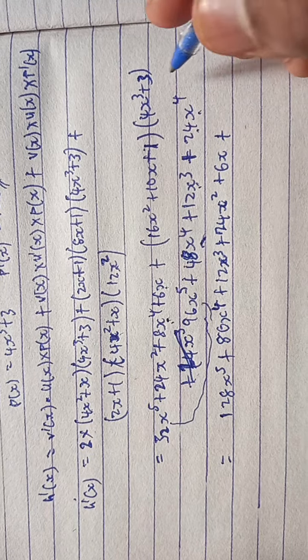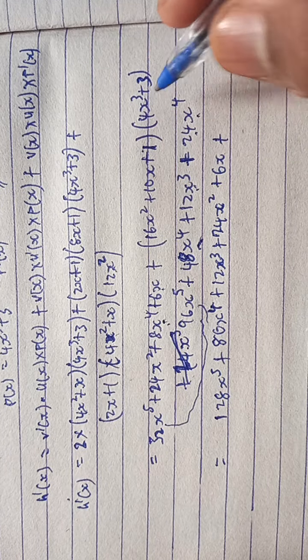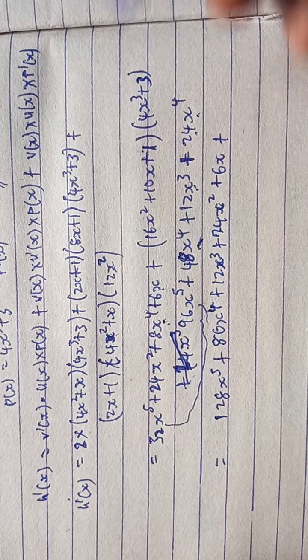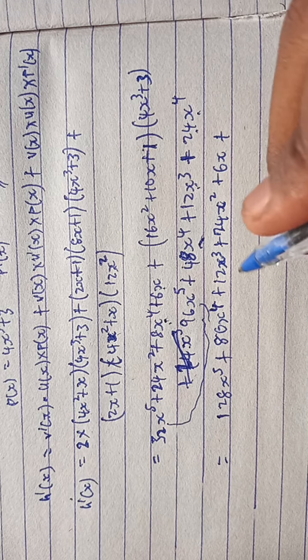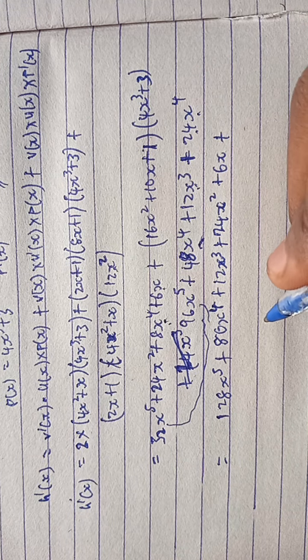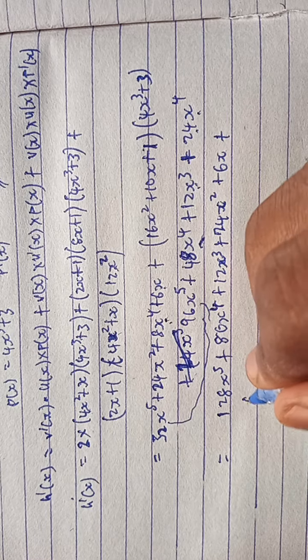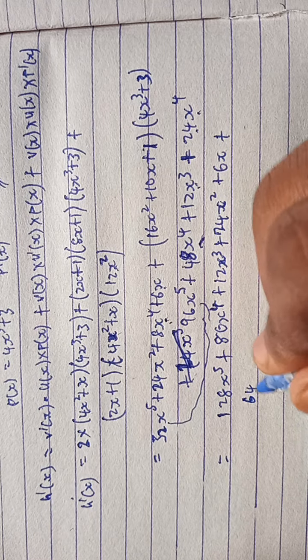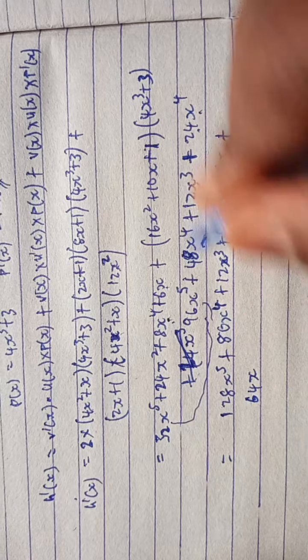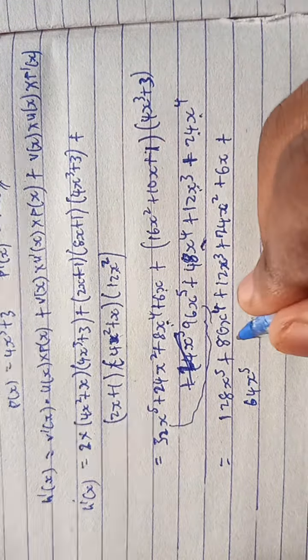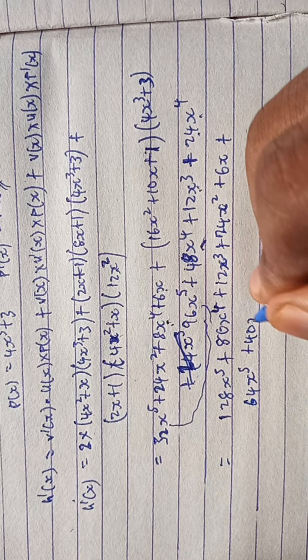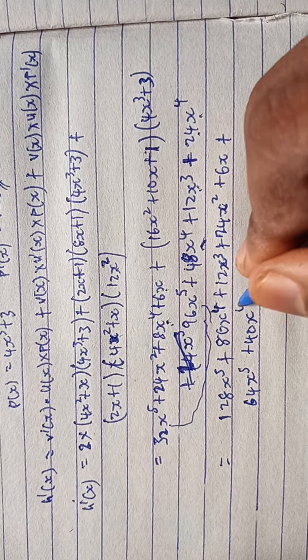So plus, in expanding this, we'll have 16 times 4, and 16 times 4 will be 64x power 5, and then that multiplying by this will be plus 40x power 4.